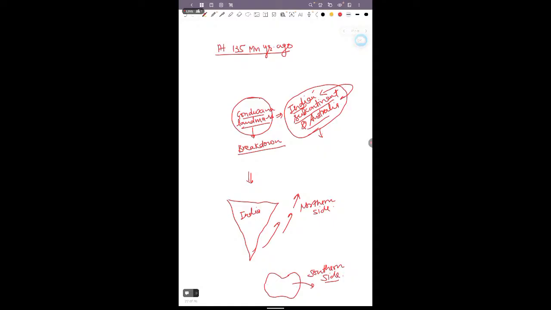So the Indian landmass moved towards the northern side, and when it collided with the European landmass, in between the European subcontinents and the Indian continent a big Tethys Sea was present, and due to compressive forces, the sediments of the Tethys Sea got squeezed and led to the formation of the Himalayan mountains.